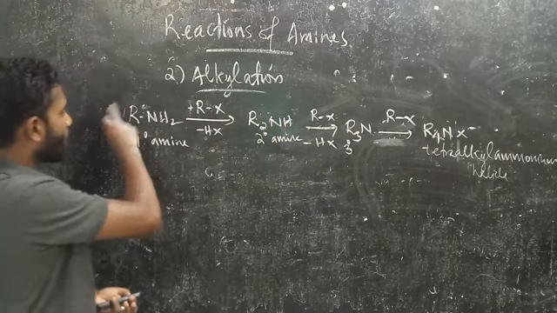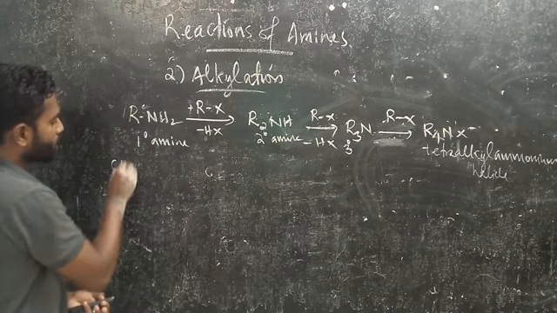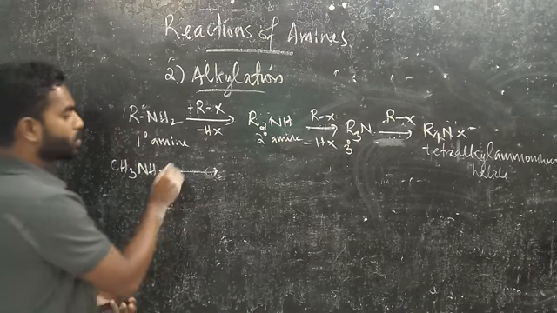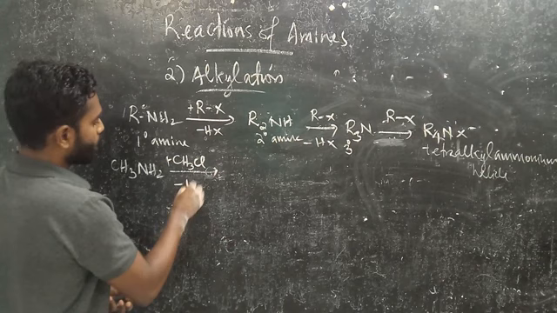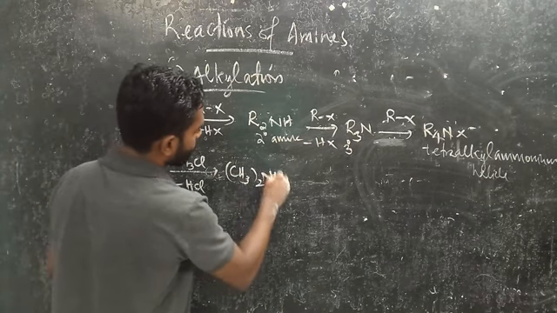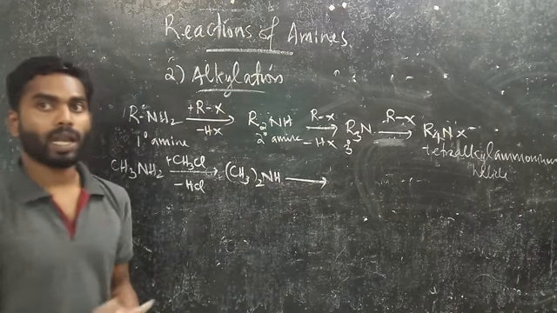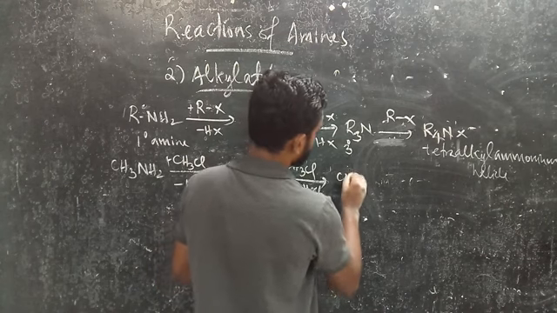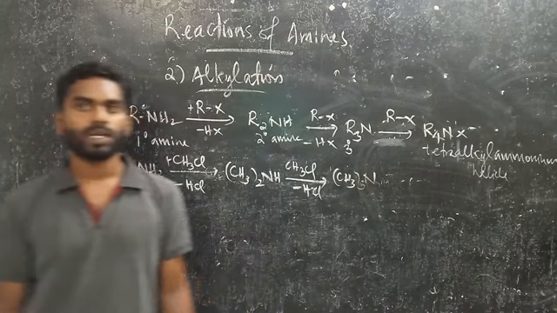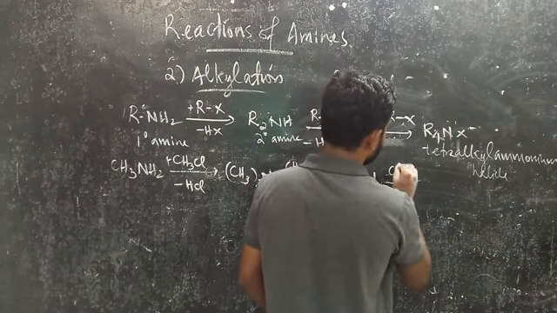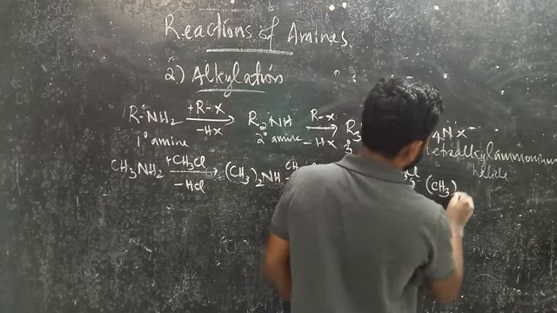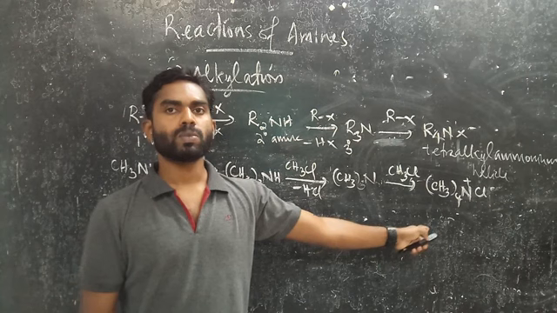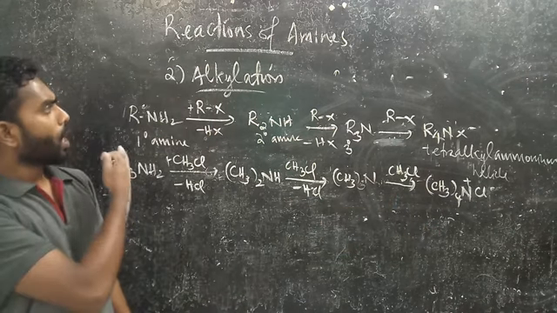Instead of R, we substitute CH3. CH3NH2 reacts with CH3Cl, minus HCl, to give (CH3)2NH. Again it reacts with CH3Cl, minus HCl, to give (CH3)3N, that is trimethylamine. Again it reacts with CH3Cl to give (CH3)4N+ Cl-, that is tetramethyl ammonium chloride, a quaternary ammonium salt. This is the alkylation reaction.